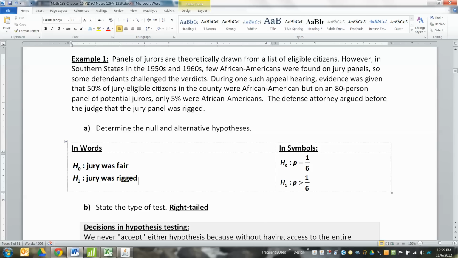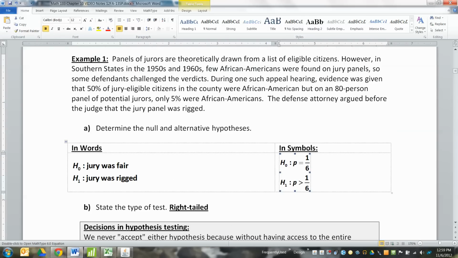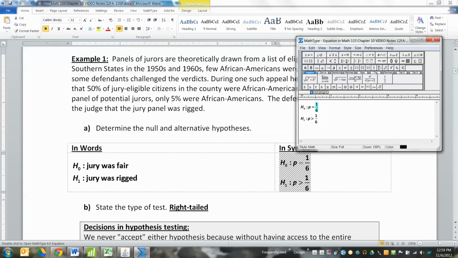Now, how's it going to matter to us which direction it was rigged? What matters is, for this particular case, because these were African American defendants in the South in the 50s and 60s, the proportion for African Americans should have been 0.5, because that's what it was for the county. But it was rigged, possibly, too low.